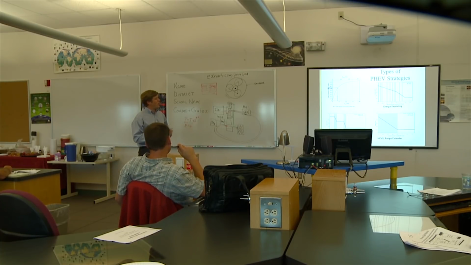So imagine, for instance, what would be the advantage of building a plug-in hybrid that got 10 miles of range? Be cheaper. Might be cheaper, exactly. Lighter. It'd be cheaper and lighter and everything else, right?